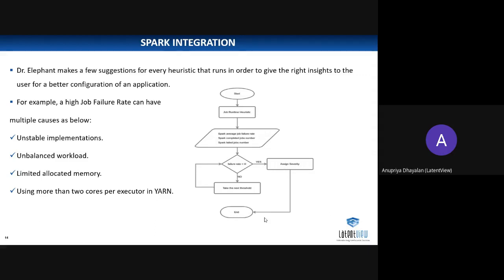And finally, it rates the job based upon the threshold level. It takes the job counter, counts the number of metrics collected, and checks whether the count is greater than the predefined threshold level. Based on this threshold, we assign the severity.